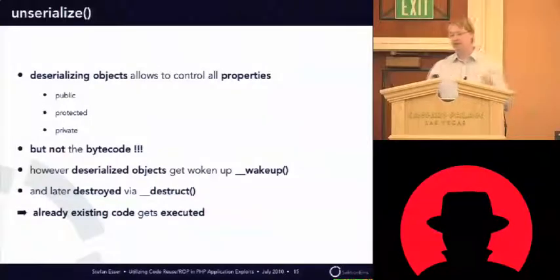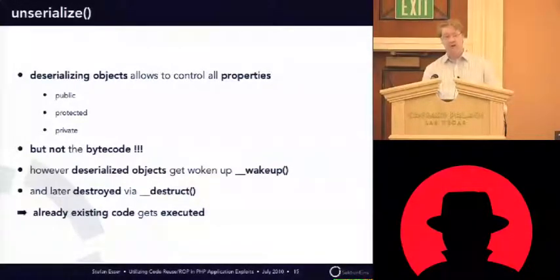So when you unserialize an object and it gets destroyed later, the destructor will be called. In PHP 4, nothing like this happened. So when you unserialize an object that exists in the application, there are two possibilities where code will be executed directly: either the wakeup method or the destructor, if there is one.